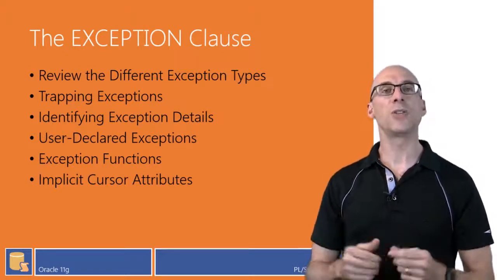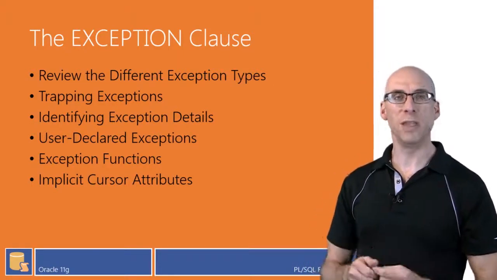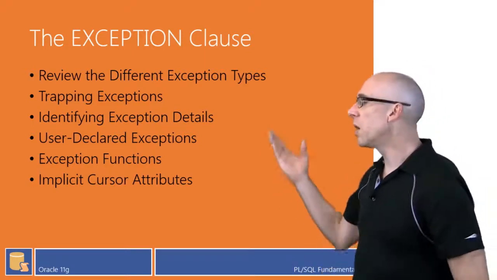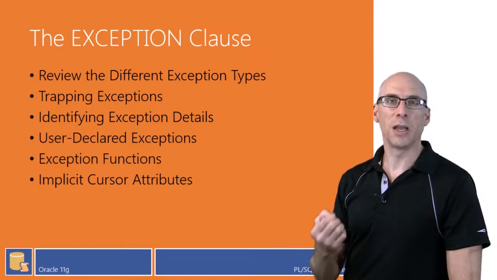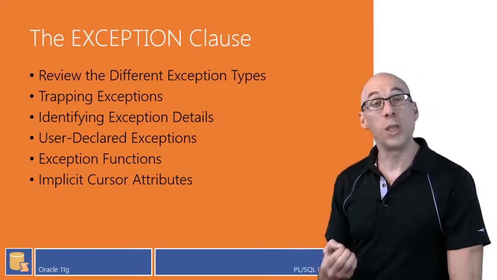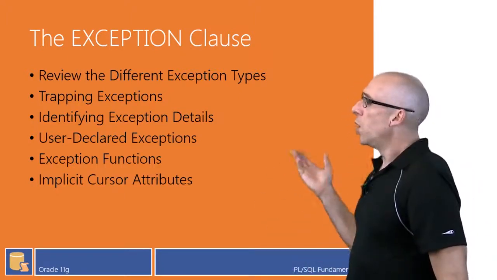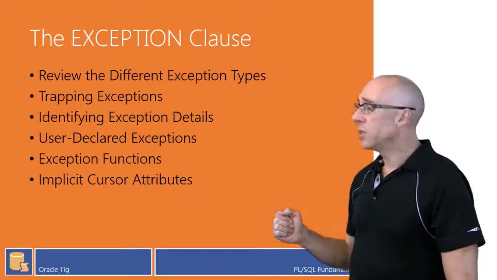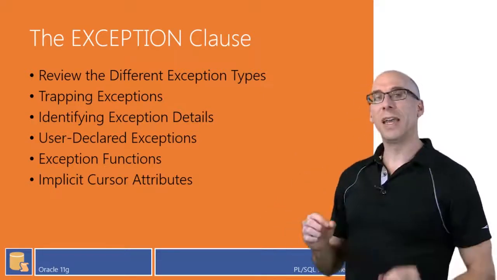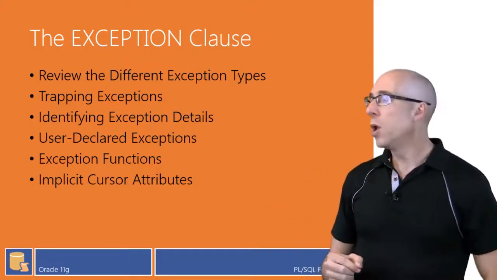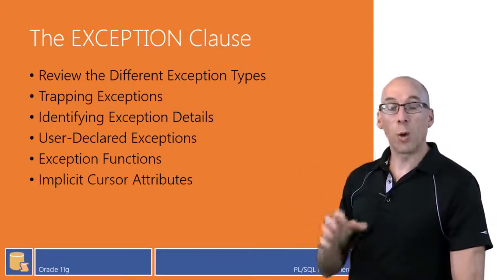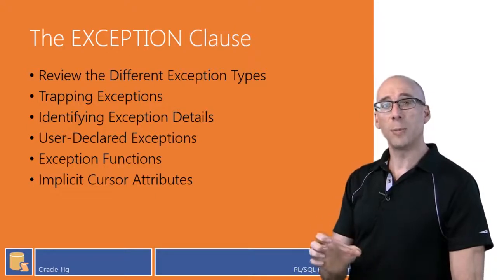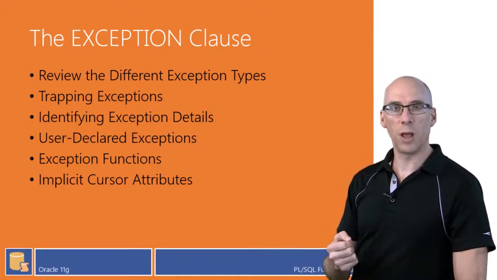And so we need to understand what's happening within the exception clause. So we're going to start off reviewing the different exception types. You need to understand this because, like I said before, it only makes you a better programmer. We're going to learn how to trap for exceptions. We are going to identify exception details. We're then going to create user-declared exceptions where we can create our own exceptions and then trap for those as well.